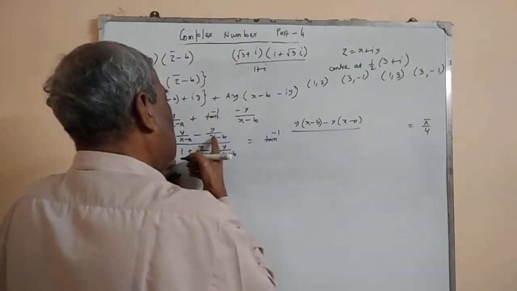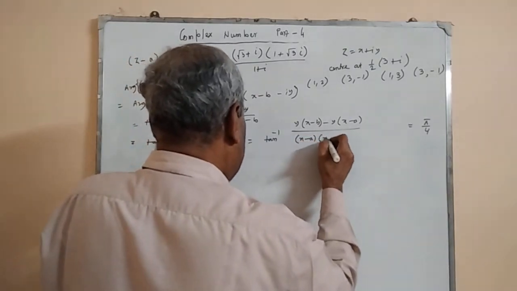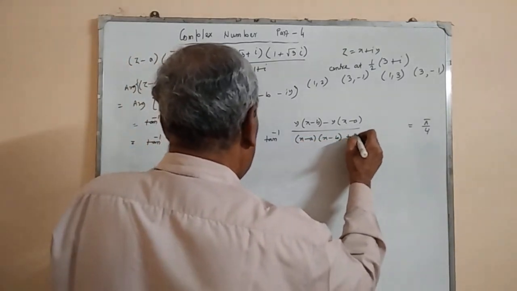divided by [(x minus a)(x minus b) plus y square].